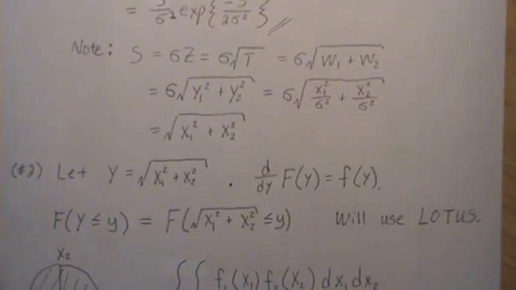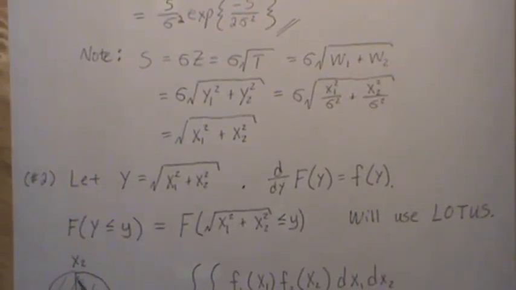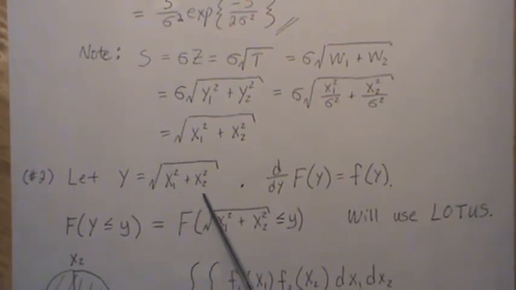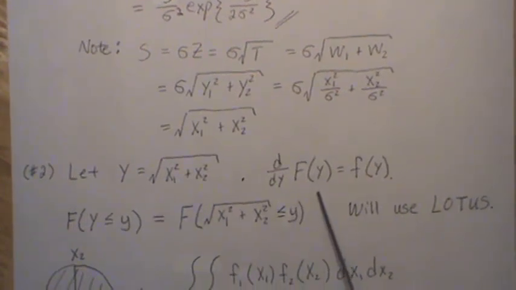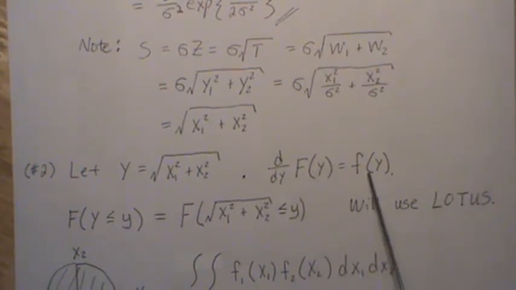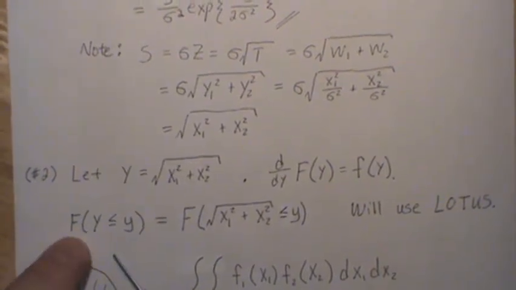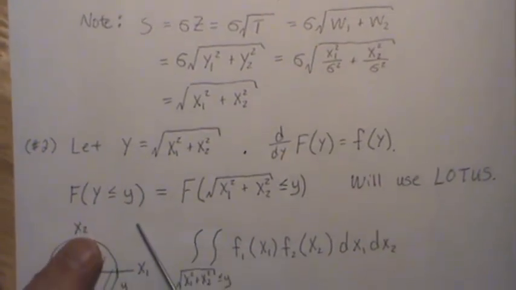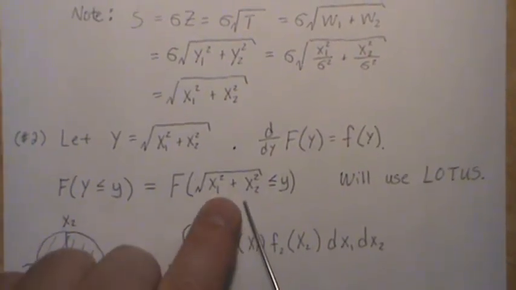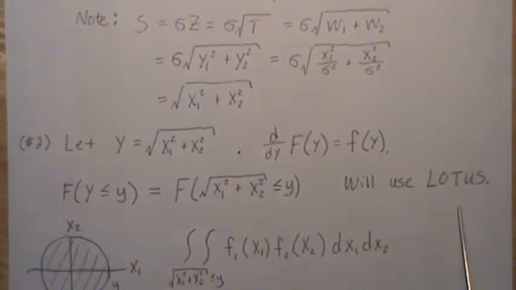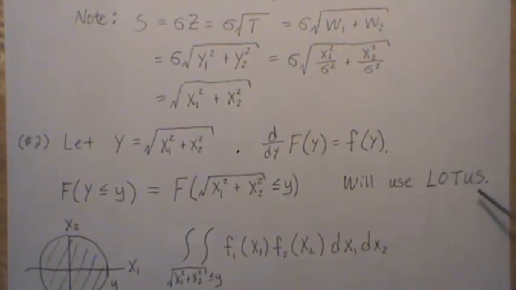Now the second method is what I call the CDF method. Let's let Y equal this quantity, the square root of X1 squared plus X2 squared. And a note, if we can find the CDF for Y and take its derivative, then we get the density. So let's look at the CDF, F of y, the probability that our random variable is less than or equal to some quantity. But Y is this, and next we will use LOTUS, the law of the unconscious statistician.